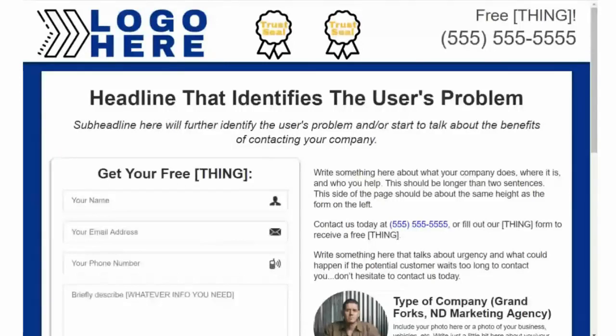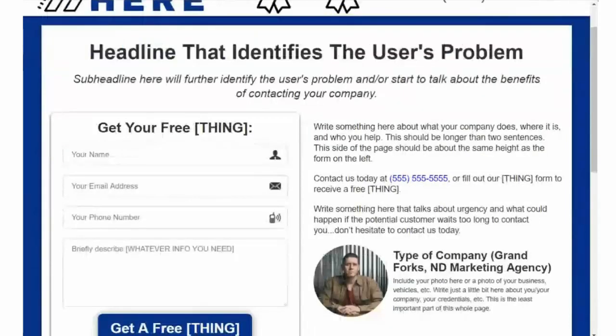The subheadline basically needs to be something that is going to keep the user interested and get them wanting to work with you. But again, it should keep focusing on their problem, not so much you. We want to keep the page focused on the user as much as possible. People don't really care about you. They care about themselves. So the more you can talk about them on the landing page, the better it's going to work.